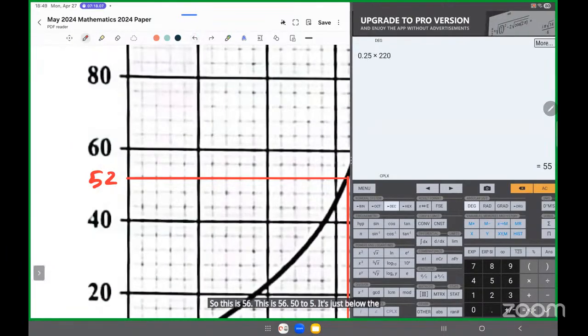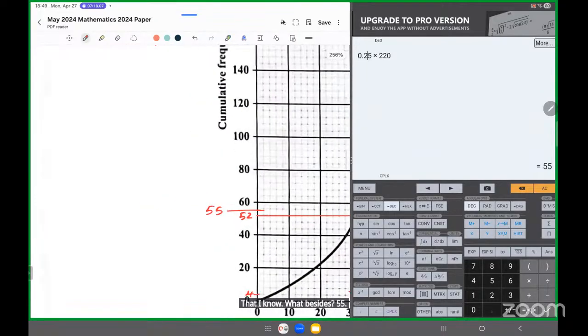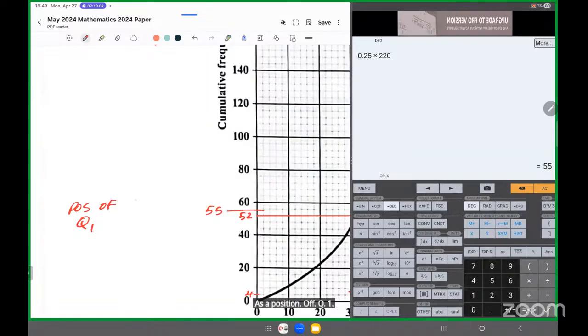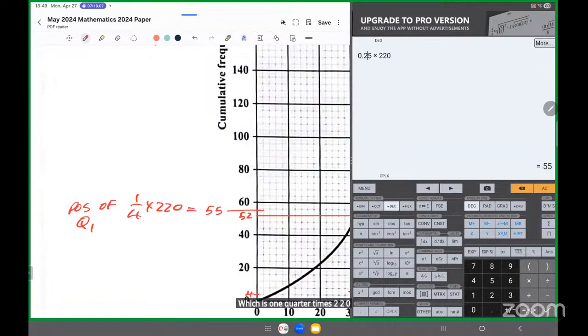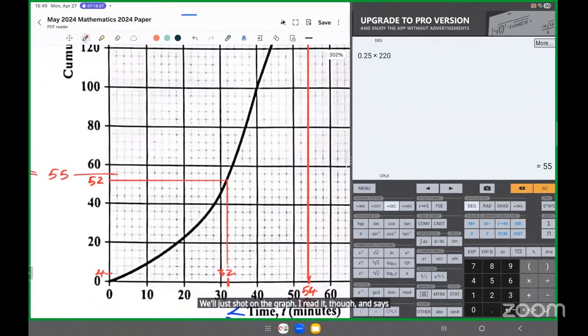So I'm going to put it right here, so I know to put this as 55. That's the position of Q1, which is 1/4 times 220. That's how we get the 55 position. You come across on the graph and read it down. So it's just up below this line.